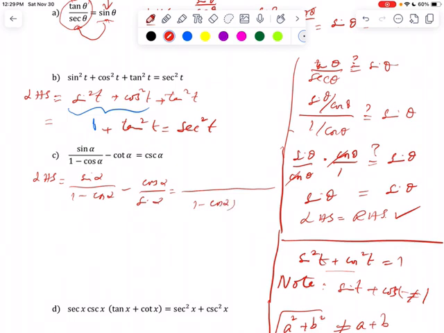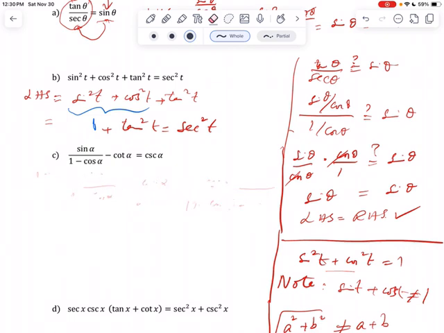When I do the common denominator, I end up getting 1 minus cosine alpha times sine alpha, and on the top sine alpha times sine alpha minus, okay, I need more space here, rewriting.